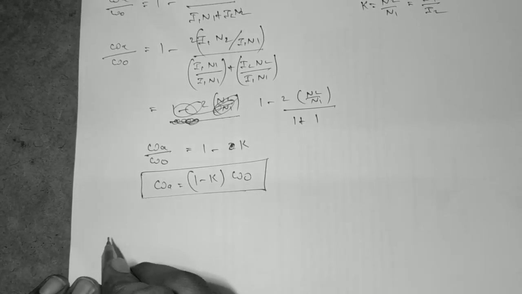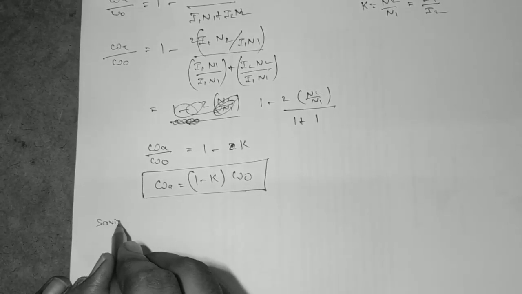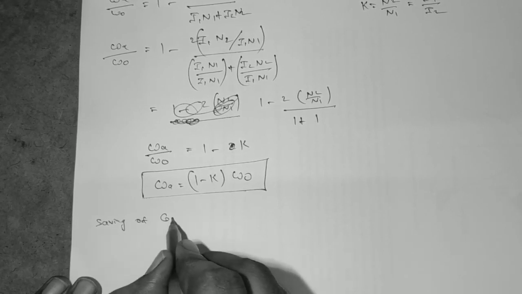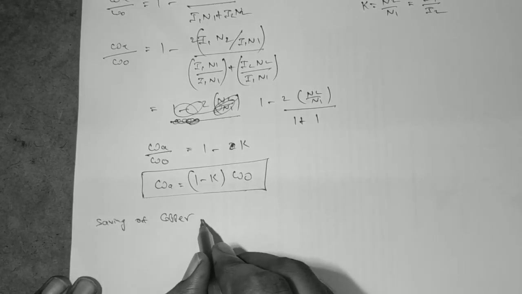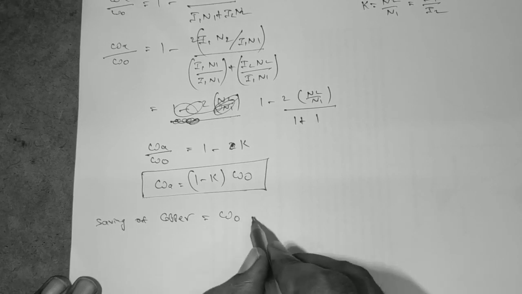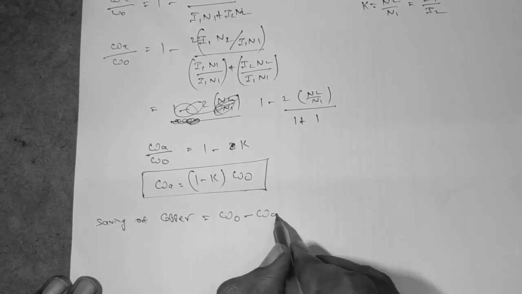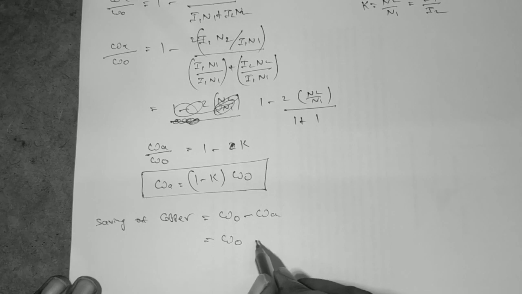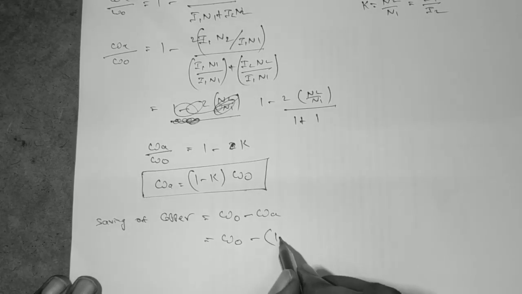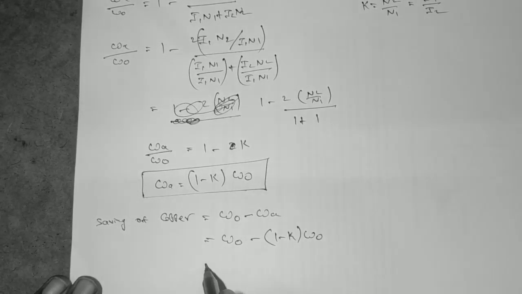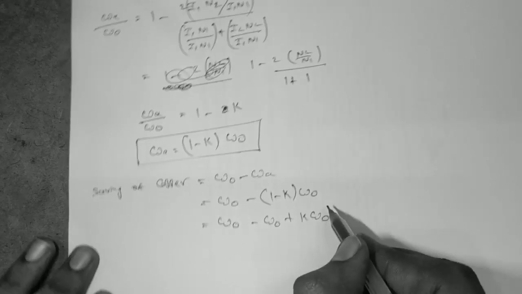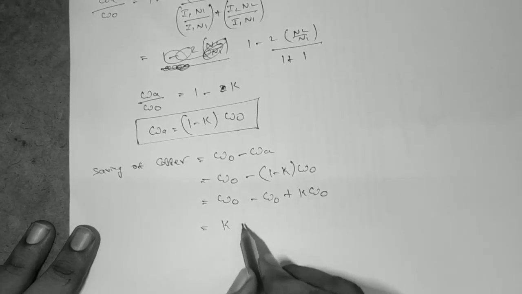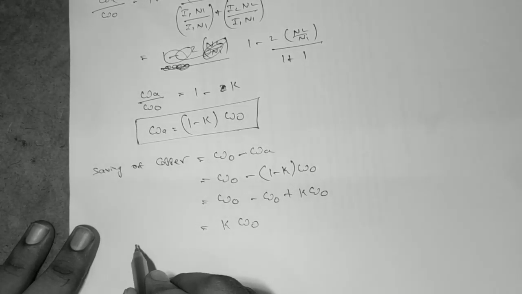So finally, the saving of copper for the two transformers is the ordinary transformer copper weight minus the auto transformer copper weight. WA means 1 minus k into W naught. So W naught minus W naught plus k into W naught. So finally the saving of copper will be equal to k into W naught.